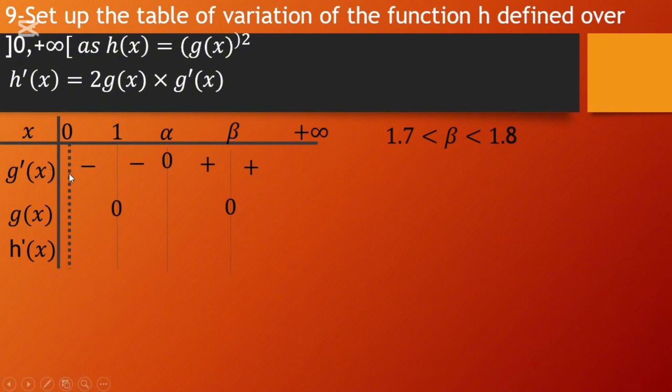Okay, g prime of x. The function g is decreasing, then increasing. The function g decreasing from 0 to plus infinity, then increasing. So, g prime of x negative, negative, positive, positive.